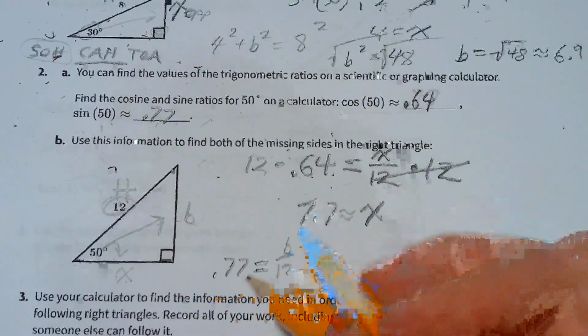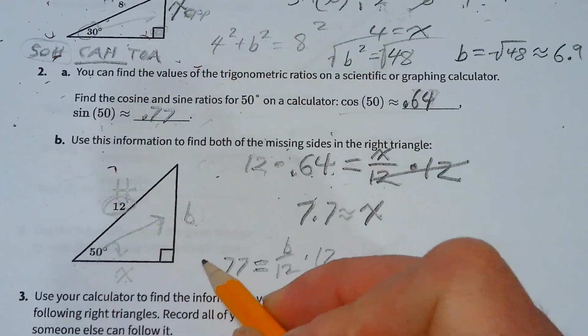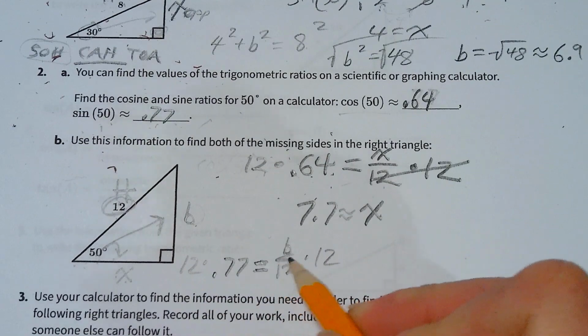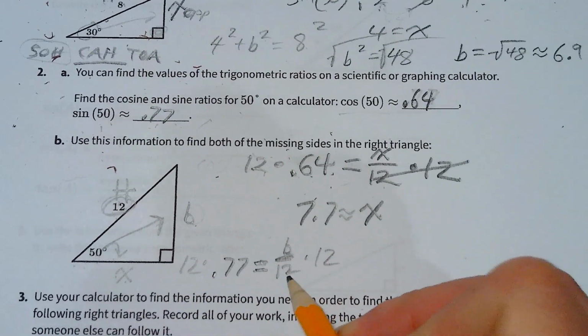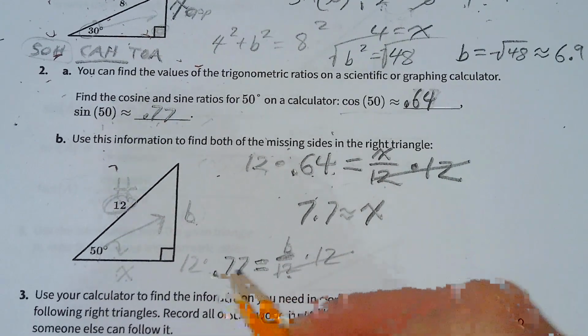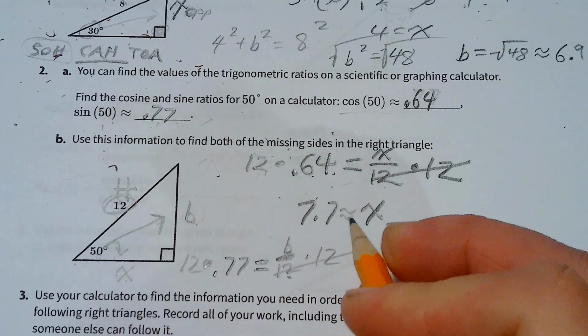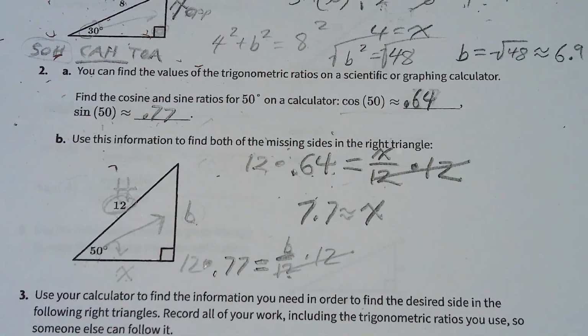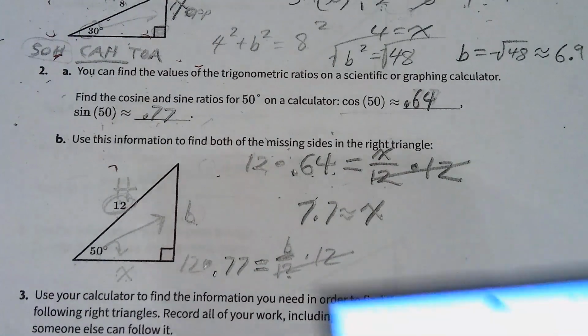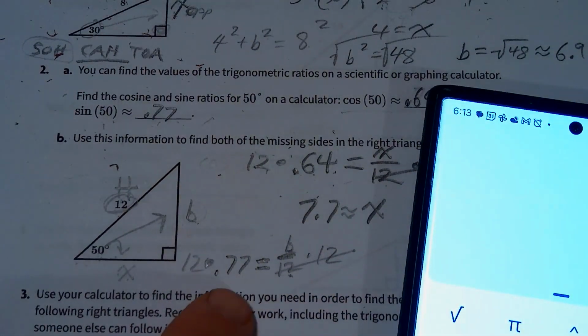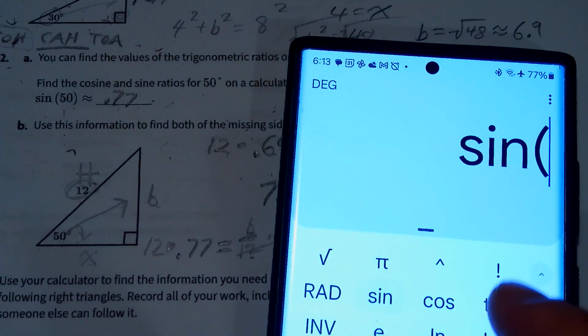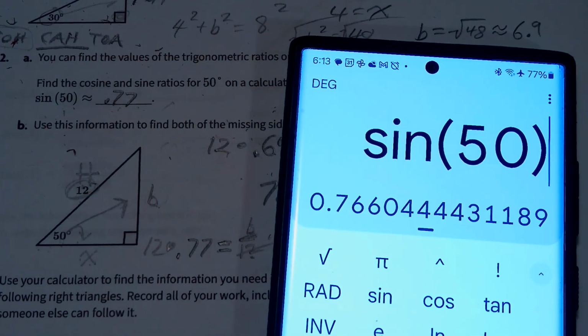And this is why it's really fun to know the hypotenuse, because you can clear the denominator. Since the hypotenuse is always in the denominator, if you know it, you just multiply by it to clear it out. Multiply by it on the other side. And once again, we could use this approximation, but we can also look it up exactly again, sine of 50, and even hit enter.